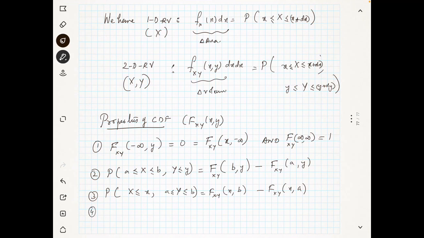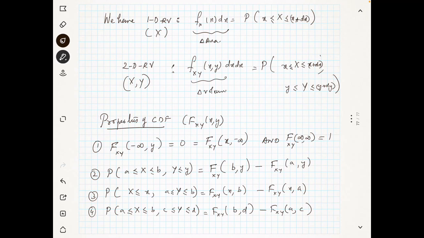Next is the fourth formula: the probability that x takes the value between a and b and y takes the value between c and d is F_XY of b, d minus F_XY of a, d.